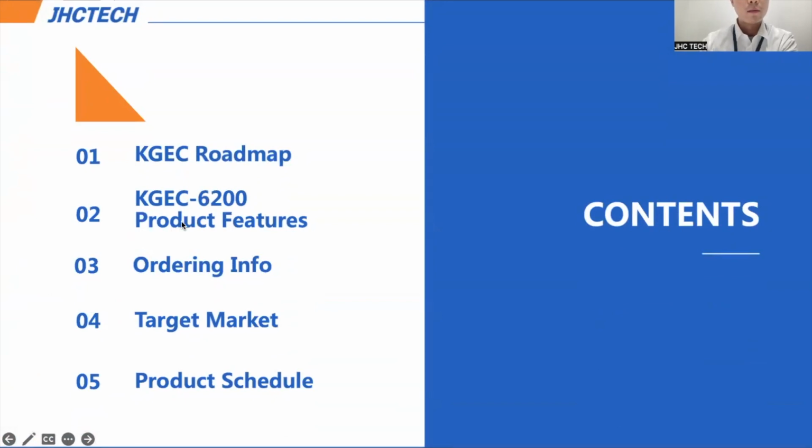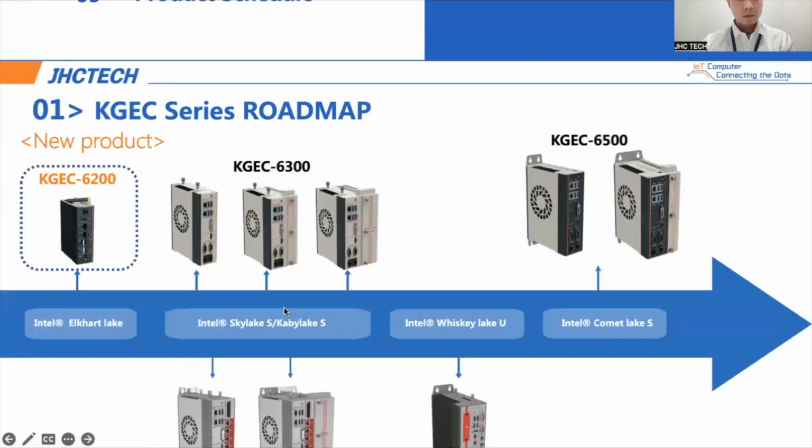It also has five contents. The first one is the roadmap I have introduced just now, and next is the key features of this product, and next are order information, target market, and the product schedule. Okay, let's go.